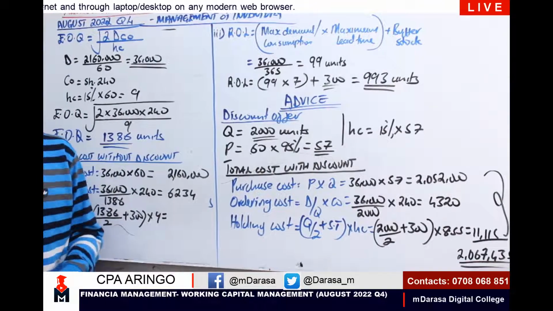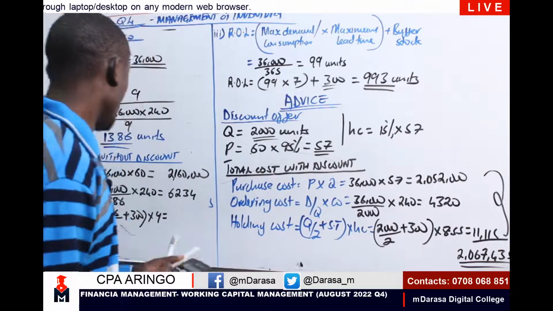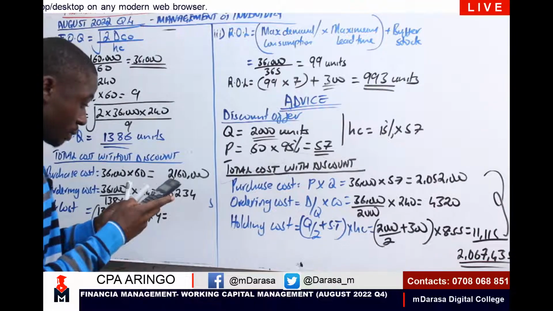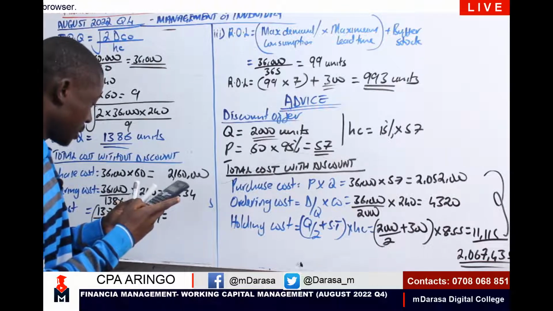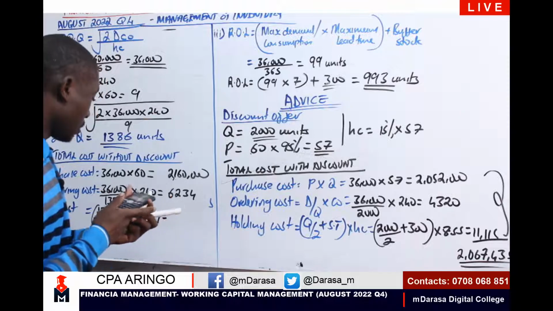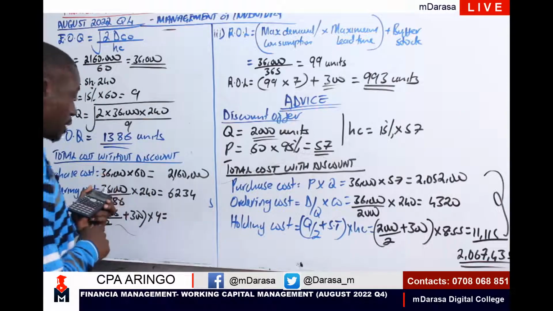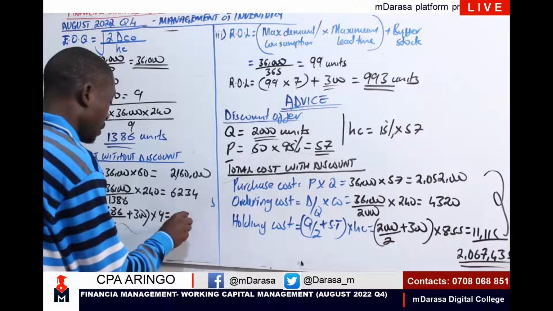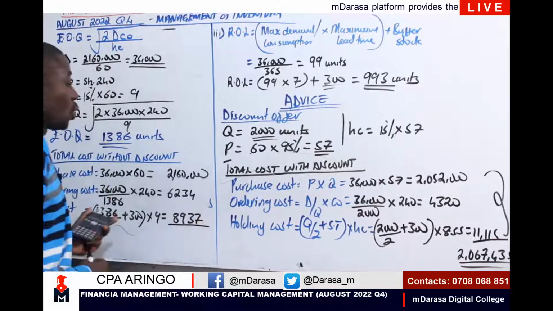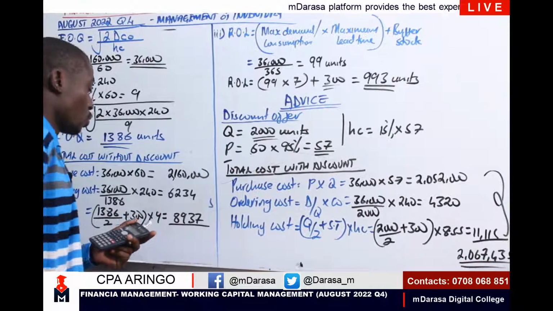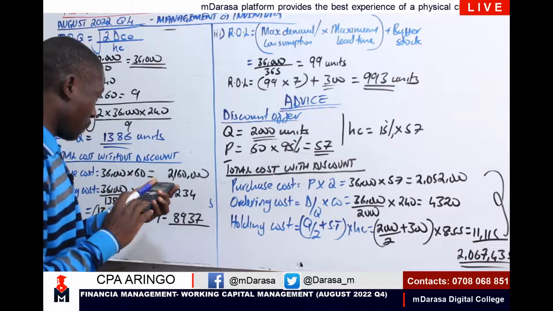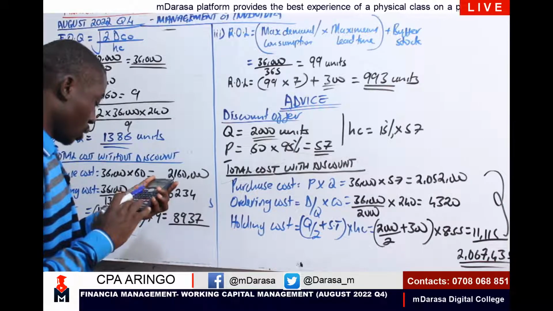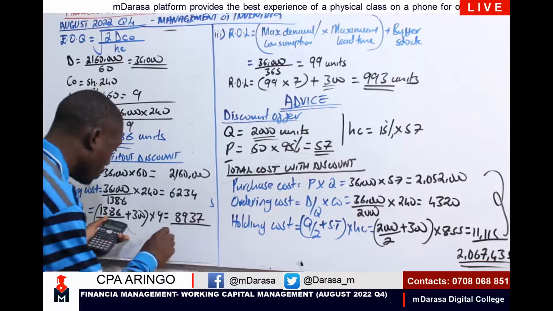So 1,386 divided by 2 plus 300, times 9. In this case, I'm getting 8,937. So the total cost I'm going to spend without a discount is 8,937 plus 6,234 plus 2,160,000.